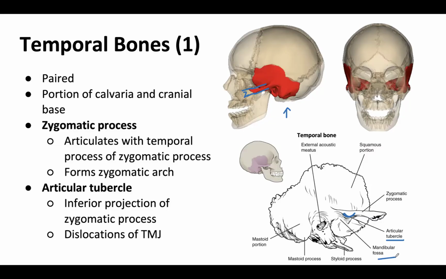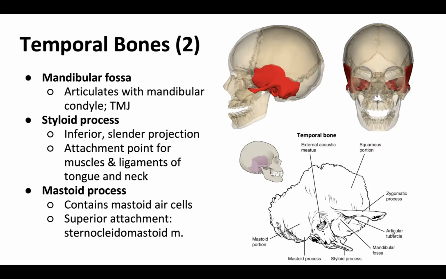So this little area of bone is an important area clinically, and as a point of reference, because most dislocations of the temporomandibular joint have the mandibular condyle of the mandible moving anterior to the articular tubercle. So we know that is bad. It is moving outside of its normal place within this joint. So we want to keep that mandibular condyle posterior to the articular tubercle.